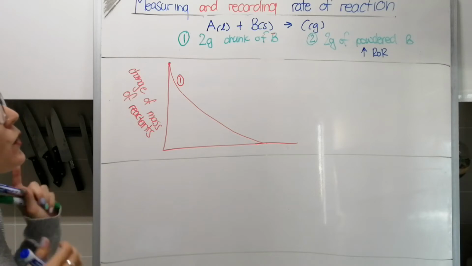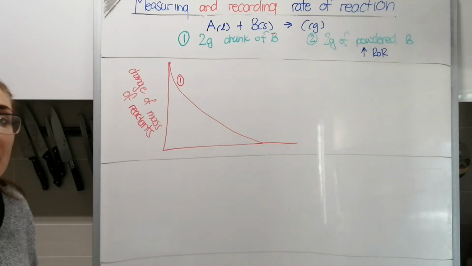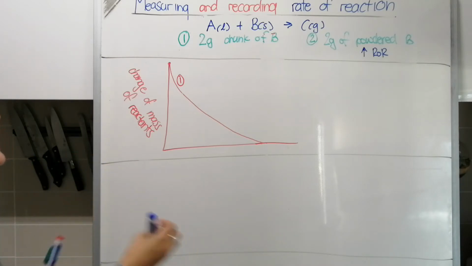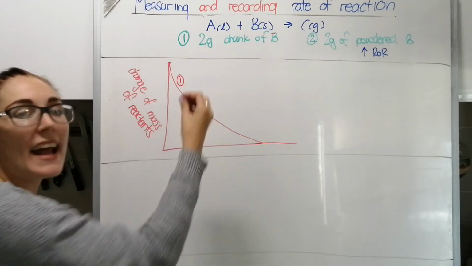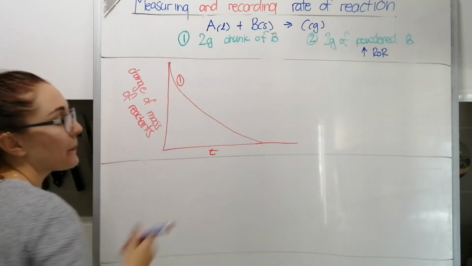Okay? Now it also means, let's think this through, if my reaction is taking place faster, that means it will be over sooner, right? My reaction will finish quicker. So if it's finished quicker, it means A and B will run out sooner. Remember, your x-axis is time.